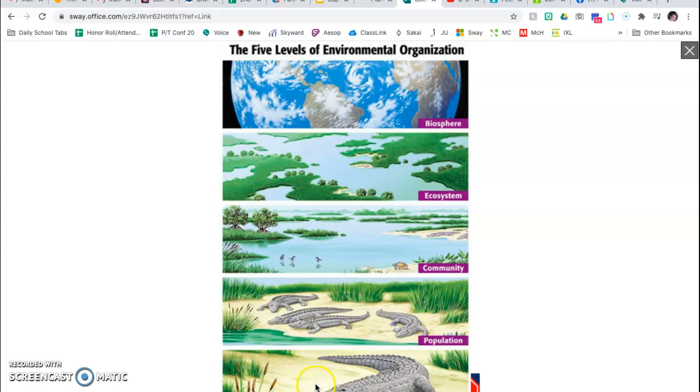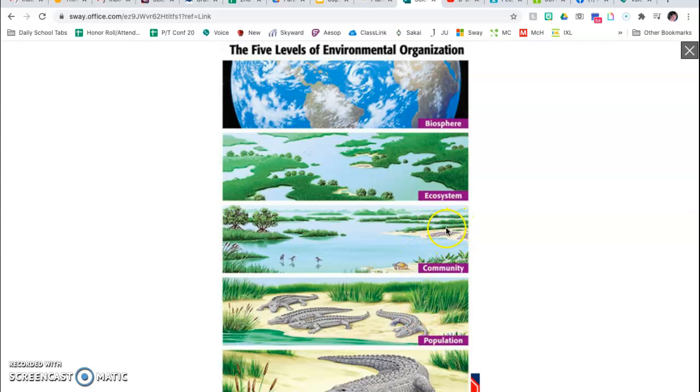We're going to start at the bottom and go up. So an organism, or that could also be substituted for an individual, is one thing that is living in that environment. So here, our organism is an alligator. And no, you may not use an alligator on your EN page. Use something else, please. If we have several of those alligators, we have a population of them.